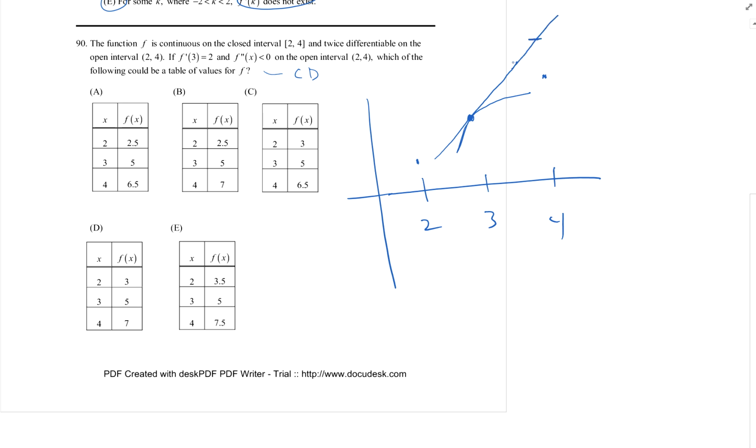So this has to be 2 up from here. And this is going to have to be 2 units down for this y value. Okay, I'm just marking stuff that I get from the tangent line, because I'm comparing my y values. So 2.5, 5, 6.5.